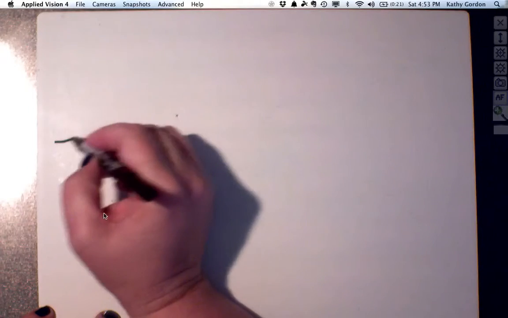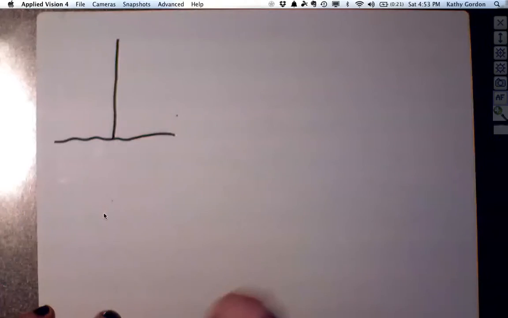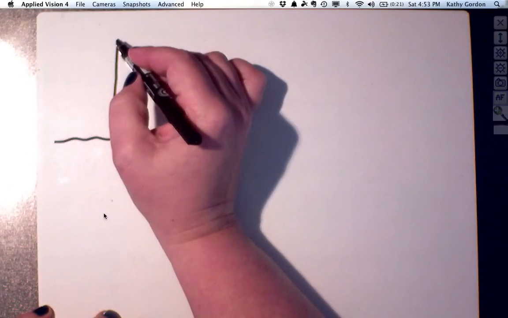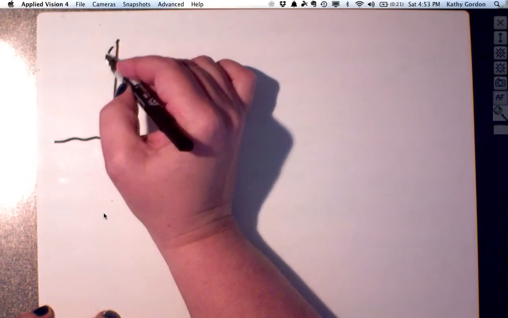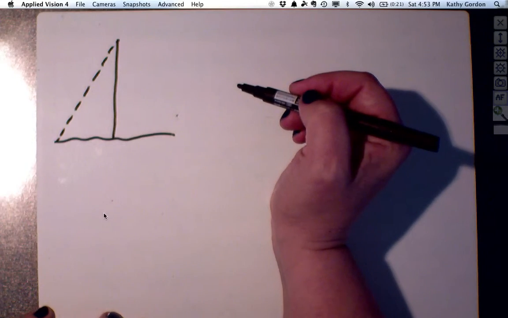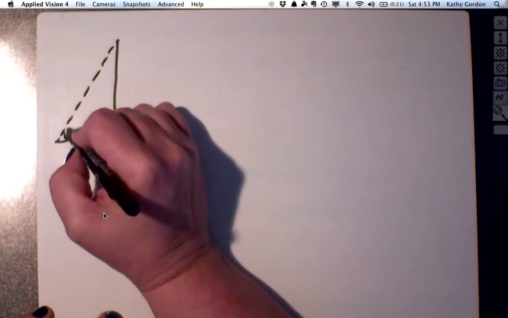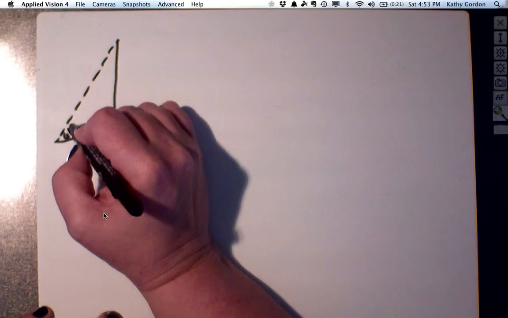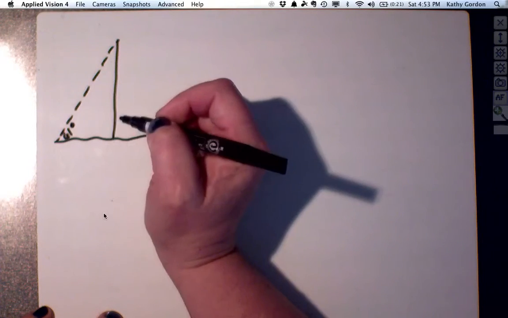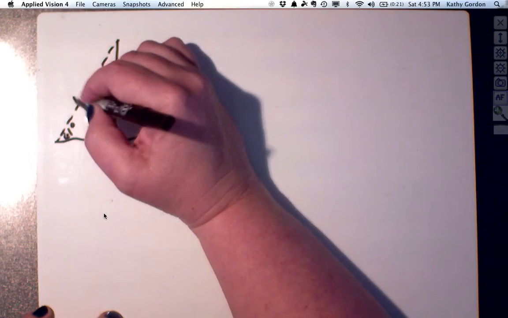So here's our ground. Here's the transmitting tower. Currently, there is a wire that runs from the top to the bottom, makes a 61-degree angle with the ground, and is 123 feet long.